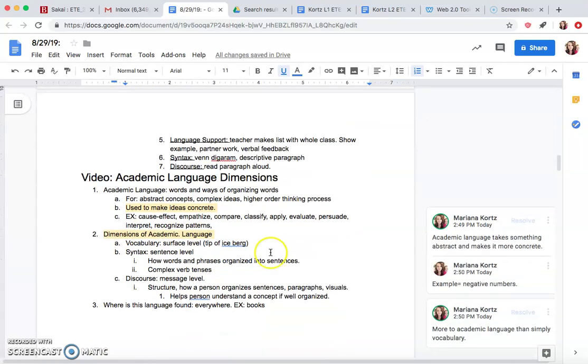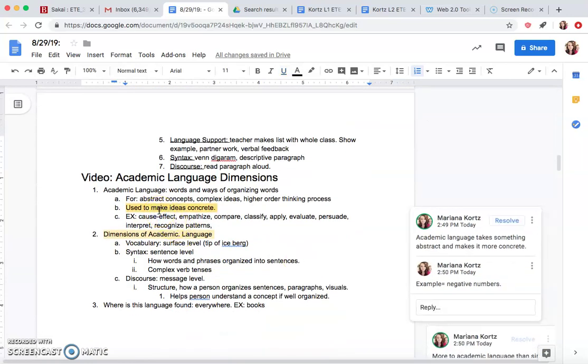All right, moving on. The next fact that I found very important is that academic language is often used to make abstract ideas very concrete. And one example that I found of this throughout my education is in math, if you have a negative number. You may think in your head about negative numbers, especially if you understand subtraction, how if you take something away, that's minus something, so minus 5.